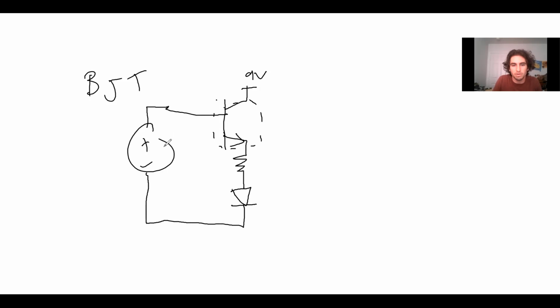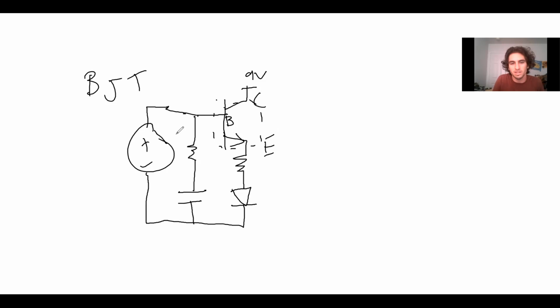Basically what's going to happen is, oh wait, I forgot the capacitor. Let me explain really quick what a BJT does in this case. A BJT has 3 terminals: the base, the collector, and the emitter.